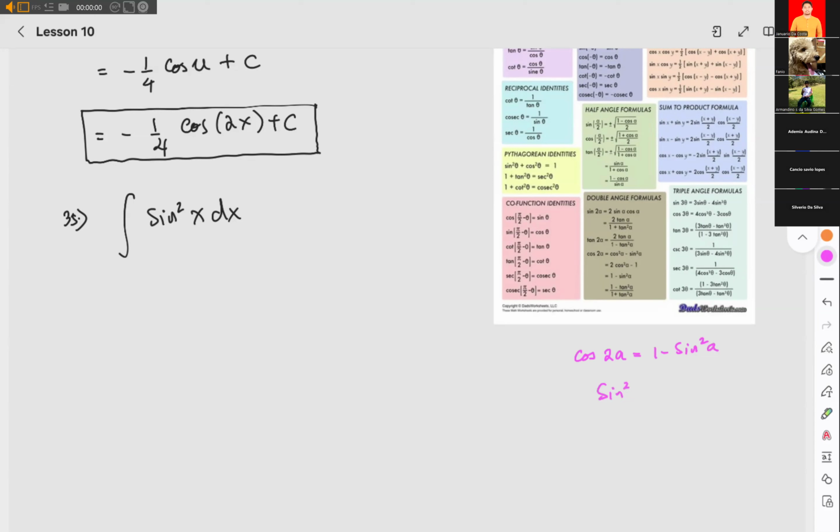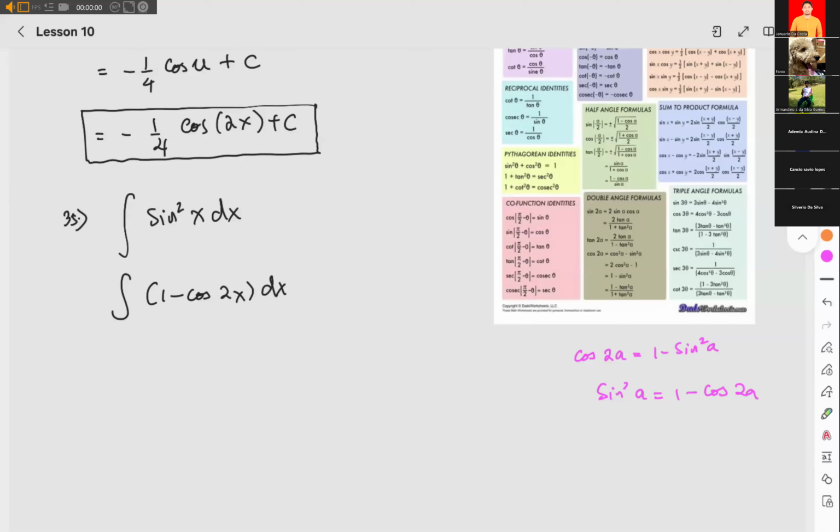So sine square of a is simply equal to (1 minus cos of 2a) over 2, for example. Now, instead of doing that, I can just substitute sine square of x, which is simply equal to (1 minus cos of 2x) over 2, dx.